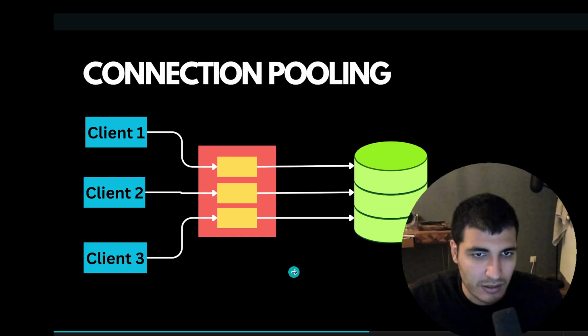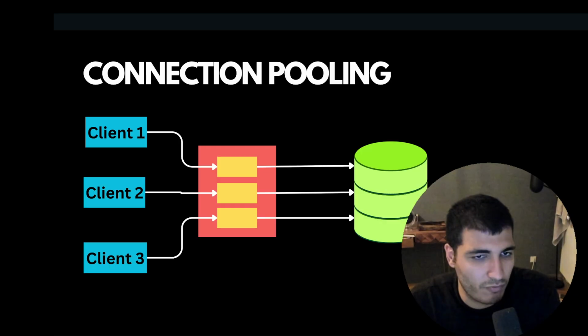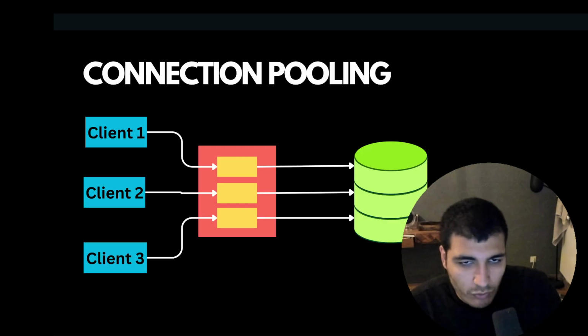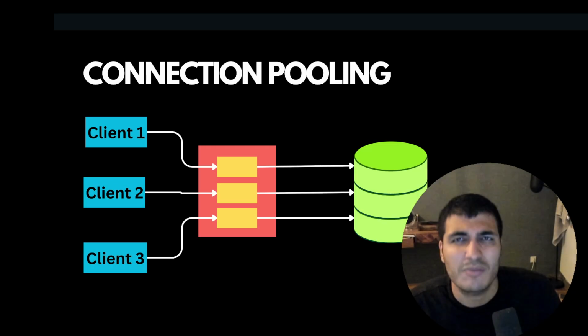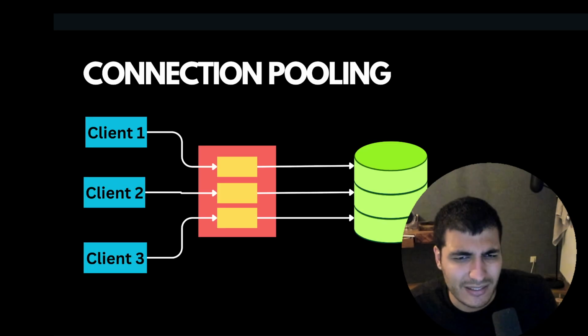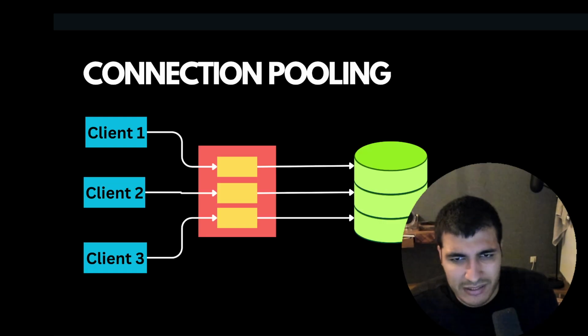How to implement that? Most modern programming languages and database drivers provide built-in support for connection pooling libraries. For example, in Python with SQLAlchemy and PostgreSQL, you can configure the engine to maintain a pool of a certain size.